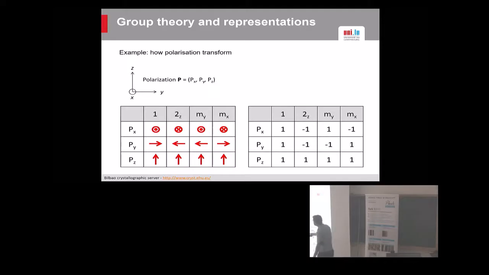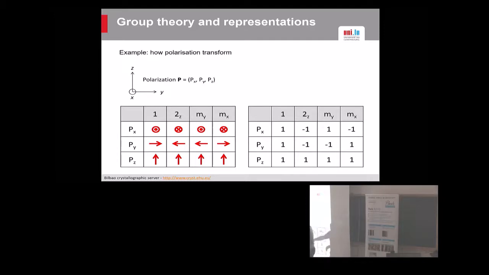So now, what if I, instead of considering the matrix of the symmetry operation itself, I'm just concentrating on the individual components of polarization. I can say that Px would be pointing this way. If I apply the twofold rotation, now it's pointing that way. If I apply this My, it stays the same, and so on.